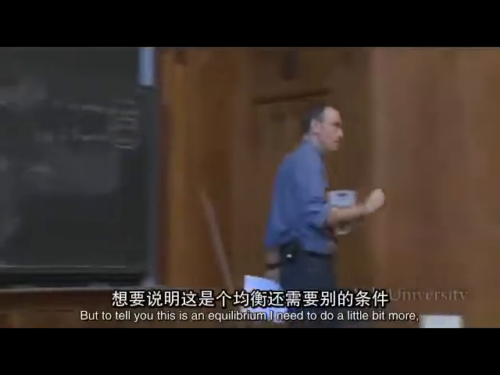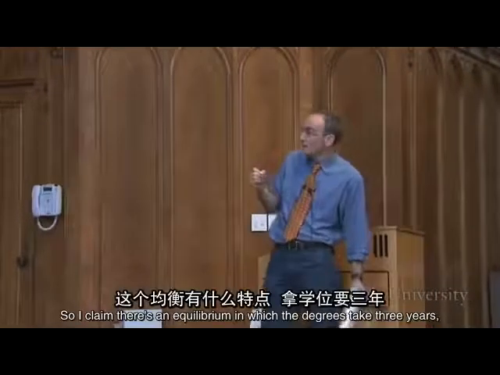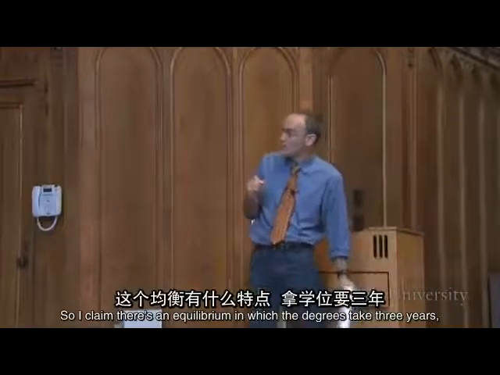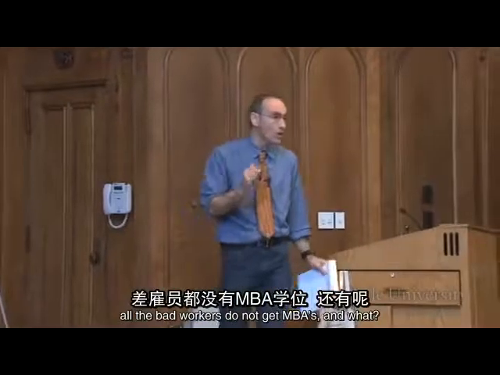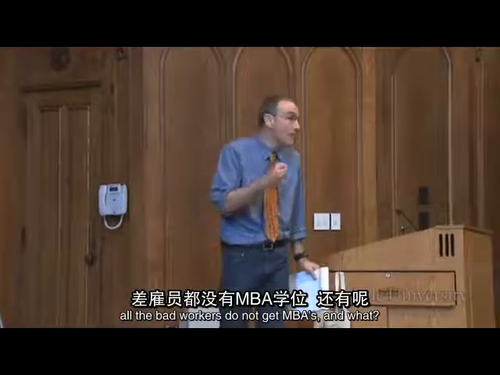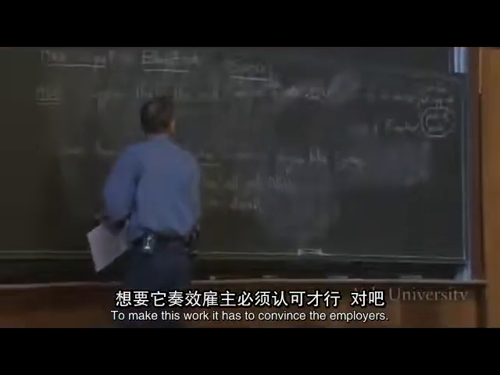But to tell you this is an equilibrium, I need to do a little bit more, so let me tell you one other thing. So I claim there's an equilibrium in which the degrees take 3 years, all the good workers get MBAs, all the bad workers do not get MBAs, and the employers identify MBAs as good workers. To make this work, it has to convince the employers.